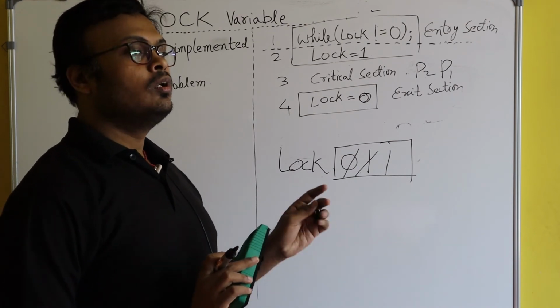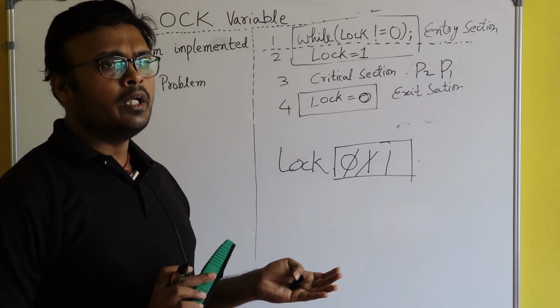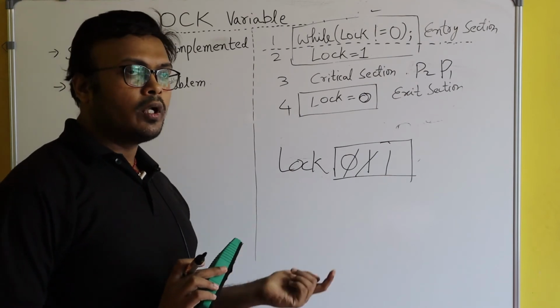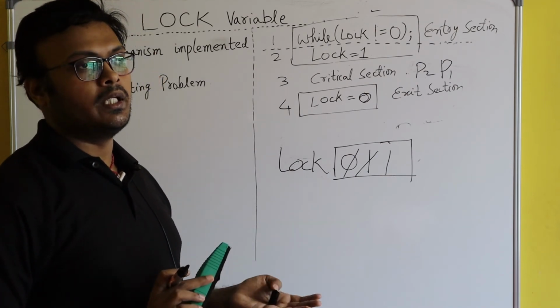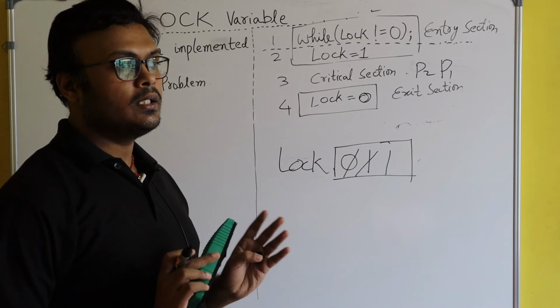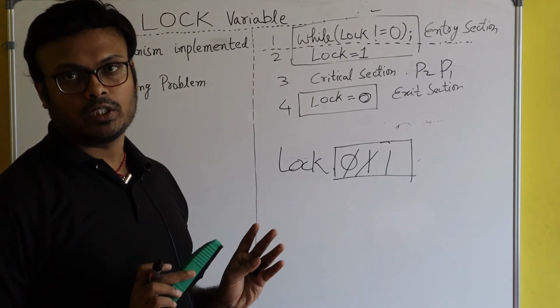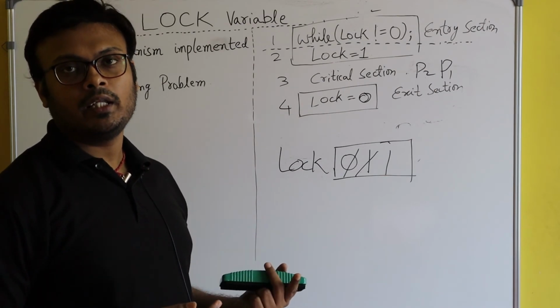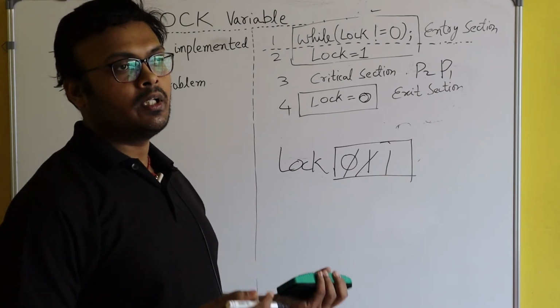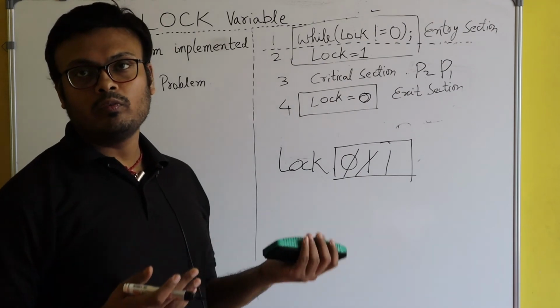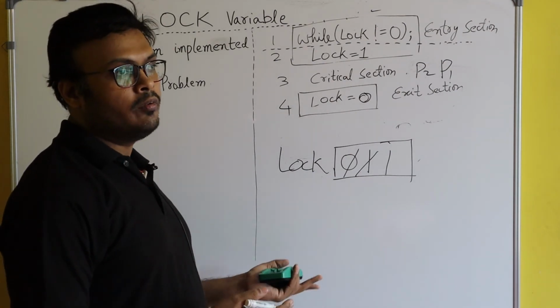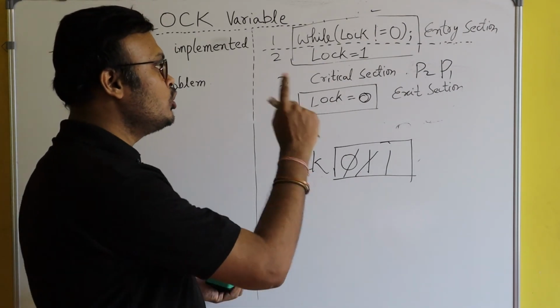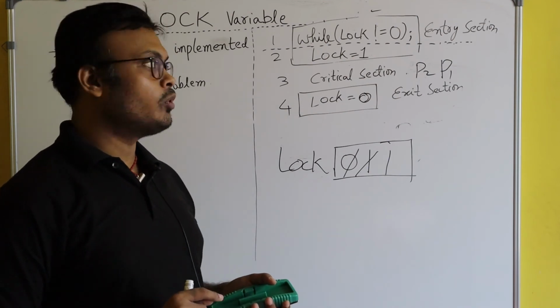Okay. So here we don't need to check for progress or bounded waiting, because these are the requirements of process synchronization. If the primary requirement is not satisfied, then why should you go to check whether it will satisfy bounded waiting or not, whether it will satisfy progress or not, because mutual exclusion is one of the most important properties.